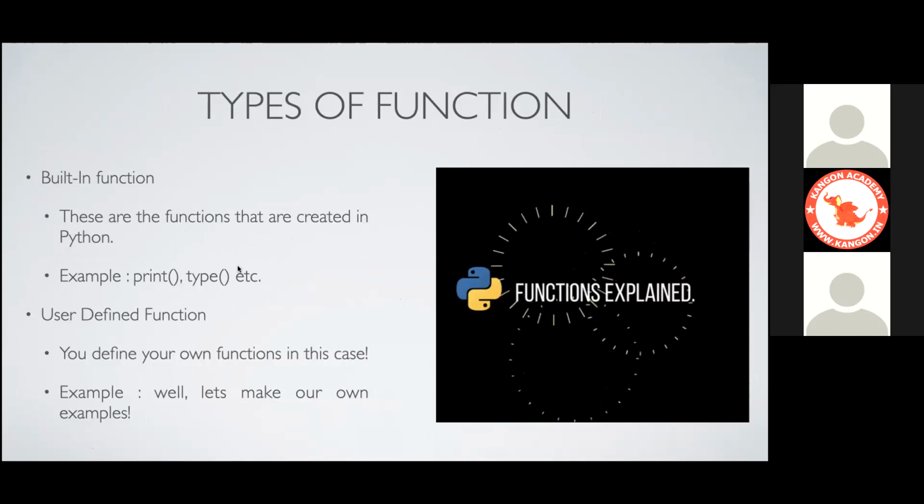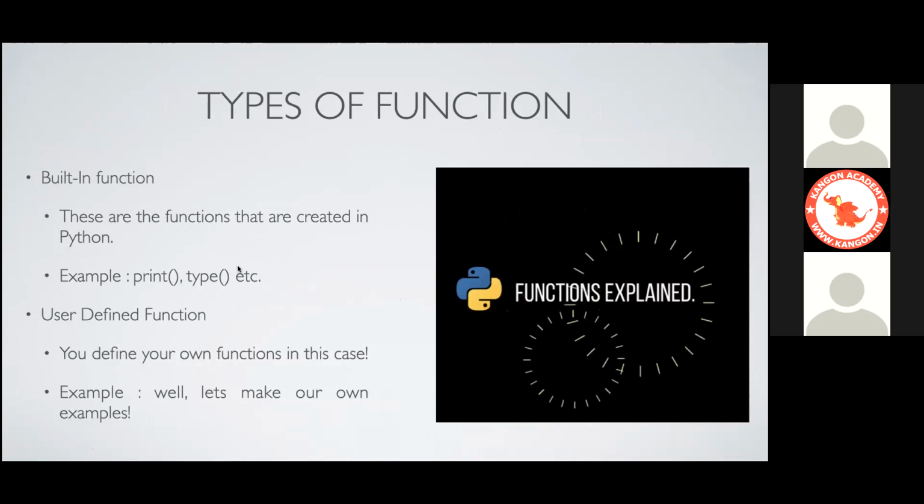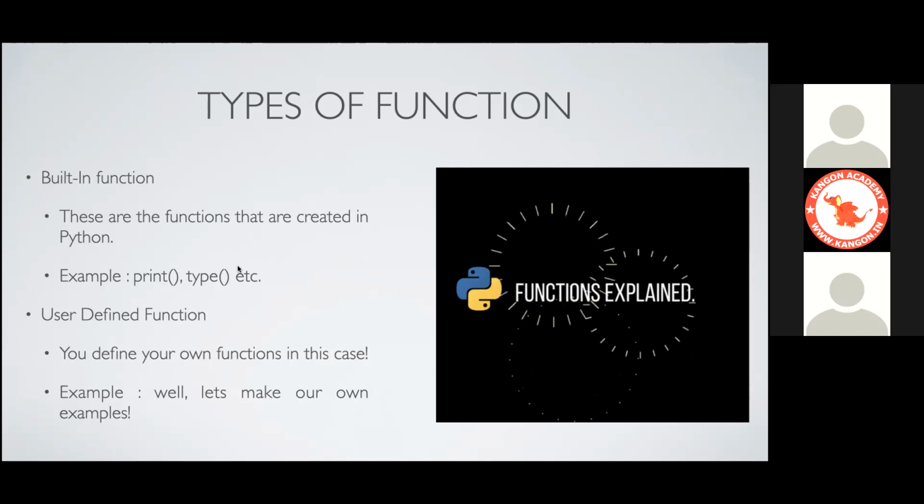That means in the Python library, you will automatically find built-in functions such as print or type. In user-defined functions, you get to define your own functions. When a programmer creates their own functions, those are called user-defined functions.